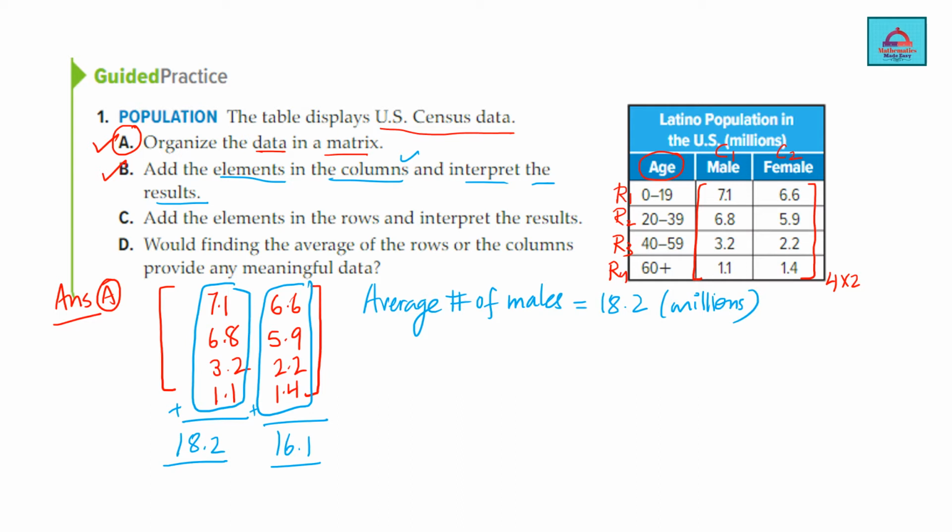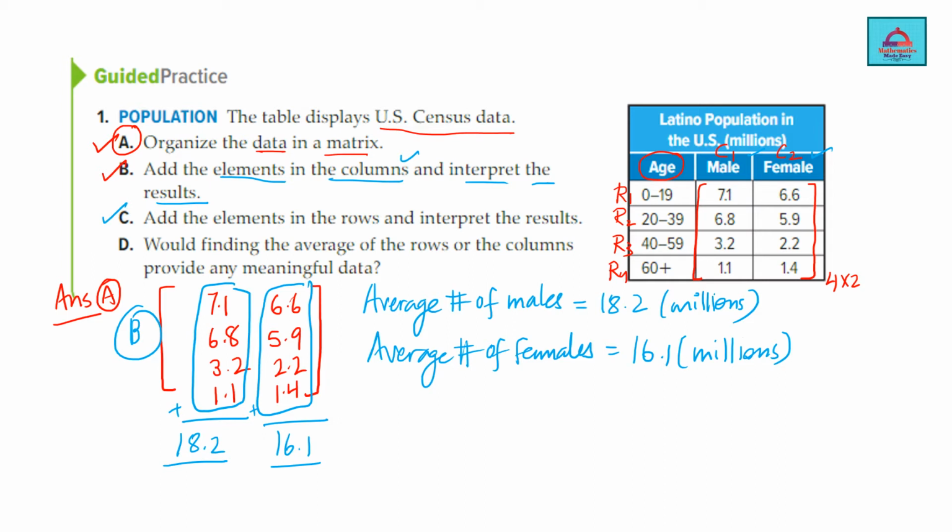Similarly, the second column, which was representing the females, gives the average number of females in this US population as 16.1 million. So that's the useful information you get by adding. So that completes part B.